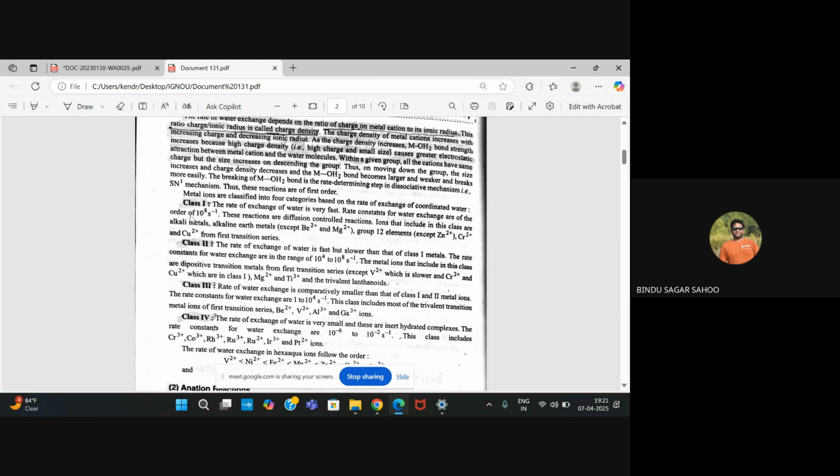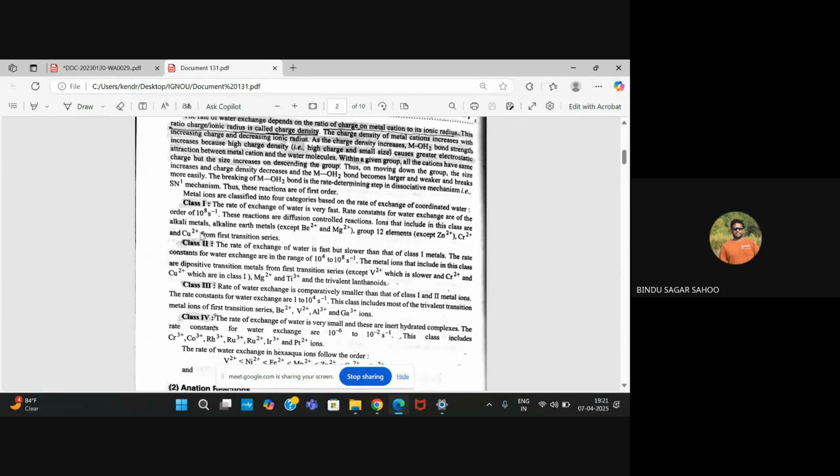Here you can see the rate of the reaction will be 10 to the power 8 per second. The examples of class 1 metals are the alkali metals and alkaline earth metals, that is group 1 and group 2, except beryllium and magnesium 2 plus, and particularly chromium 2 plus and copper 2 plus.